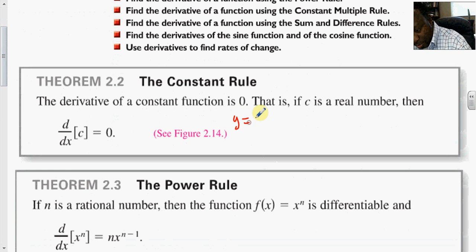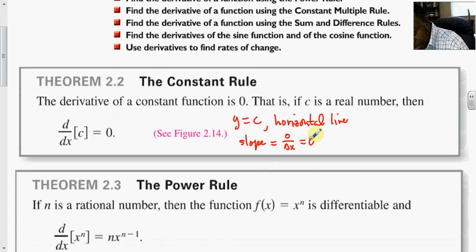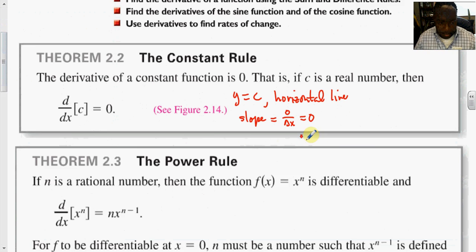So y equal to c is horizontal. And every horizontal line has 0 slope, because for a horizontal line there is no rise divided by the change in x. So we get 0.